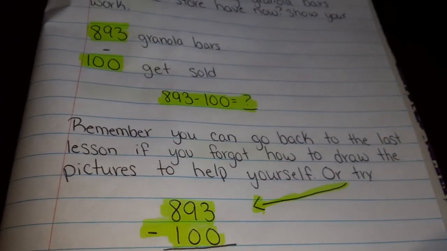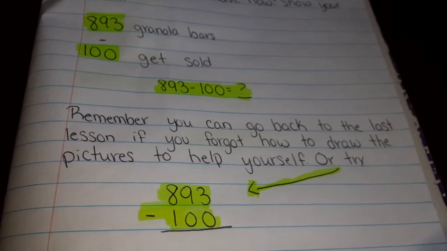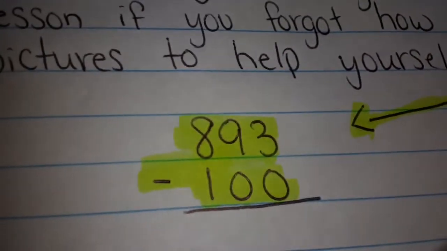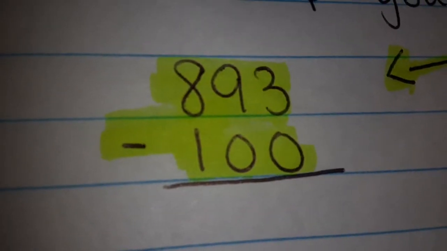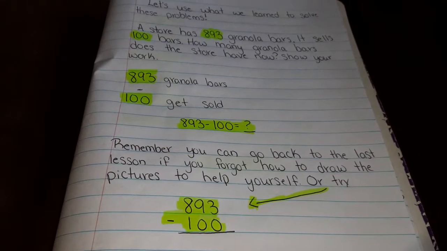Remember, you can go back to the last lesson if you forgot how to draw the pictures to help yourself. Or you can try just subtracting 893 minus 100. What answer did you get?